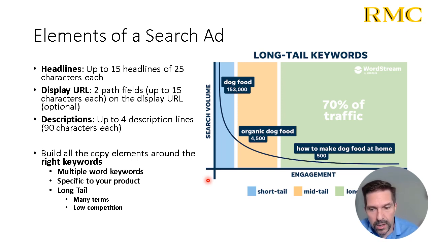So if I say weight loss, right, or maybe diet weight loss or something like that, then Google is going to look for which headline within your set of, let's say, 15 headlines matches that query better.